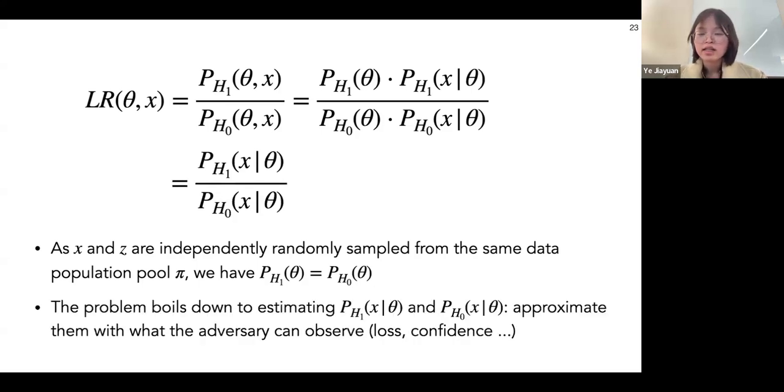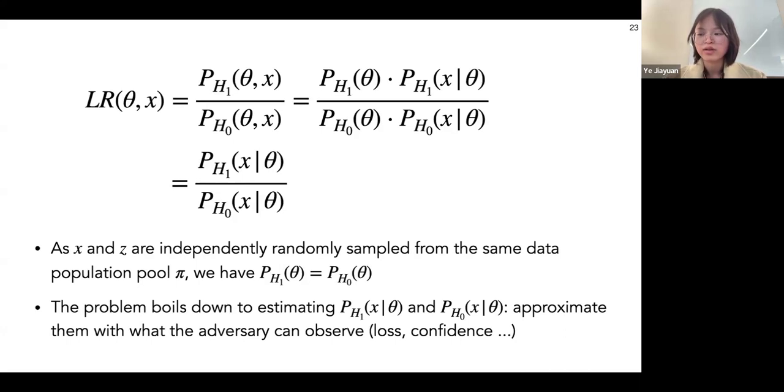And this is a slightly easier problem because the prediction for X is usually lower dimensional, and you can intuitively interpret it as the likelihood of a data X on models trained with it versus models trained without it.